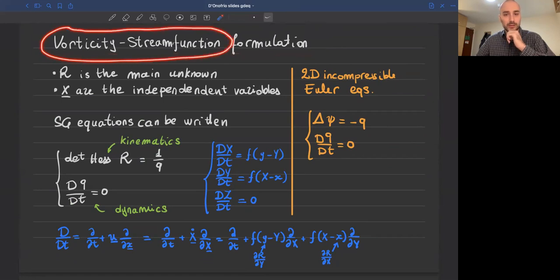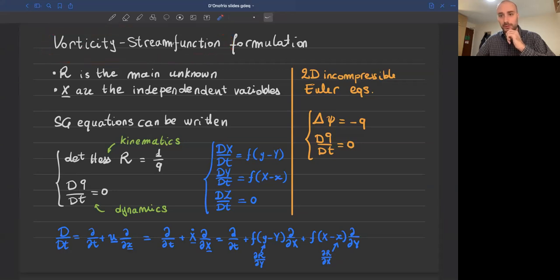This formulation turns out to be available for many fluid models, for example, the classical 2D incompressible Euler equations, which can be written this way. This is the stream function, this is the vorticity. So we have a Poisson equation relating the stream function to the vorticity. This is a scalar, of course. And a transport equation for the vorticity, where this operator now can be expressed in terms of psi only.